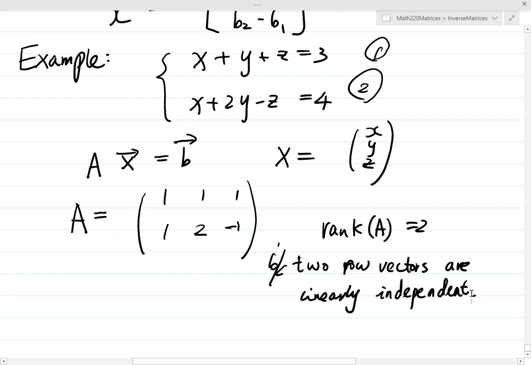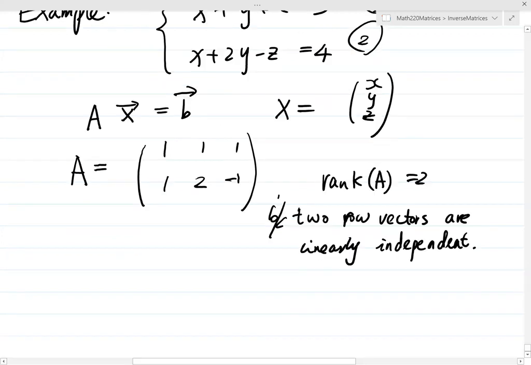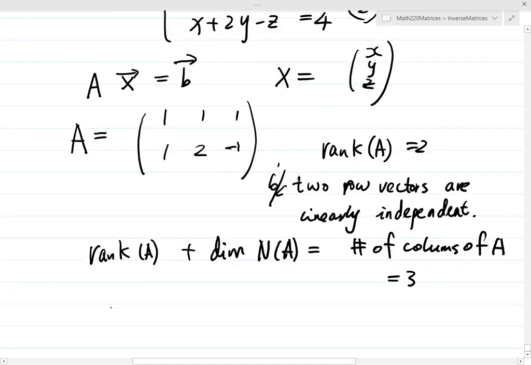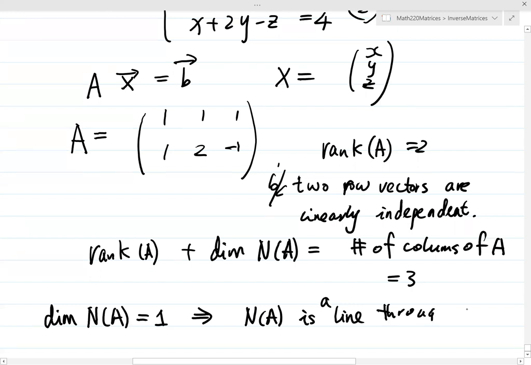So how about the null space? Rank plus dimension of null space is 3, the number of columns of A. So the null space is dimension 1, a line through the origin, through 0, 0, 0 in a certain direction.